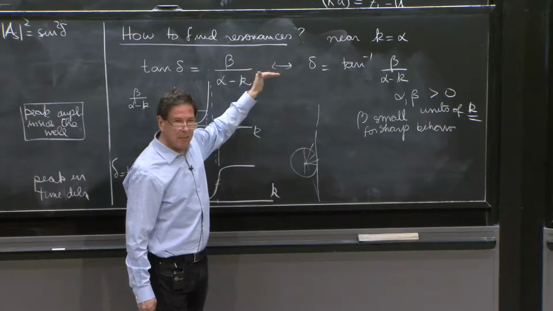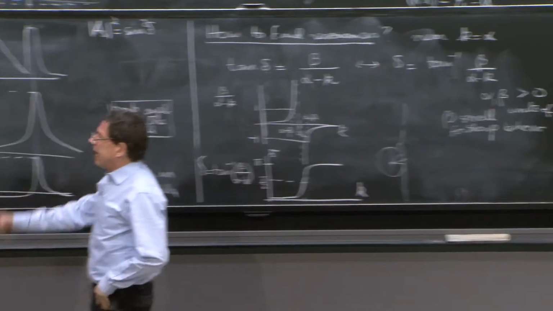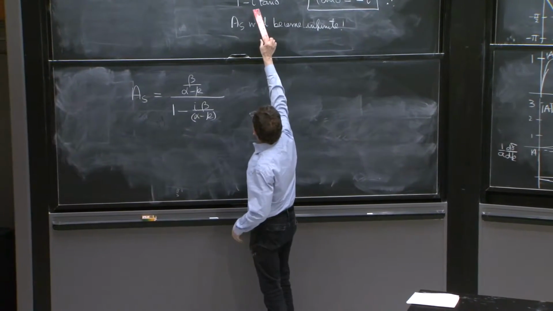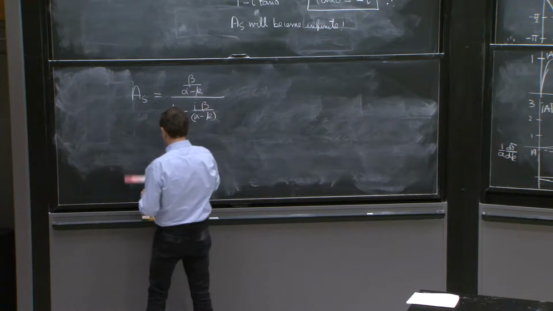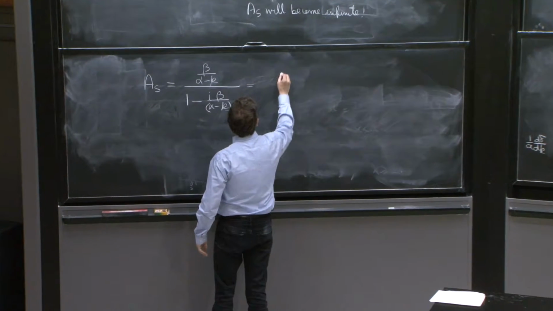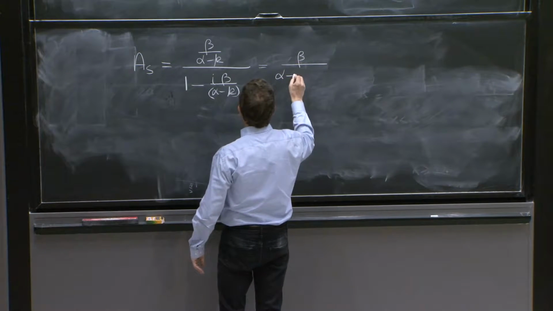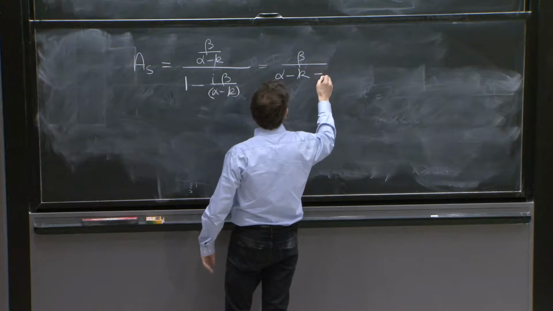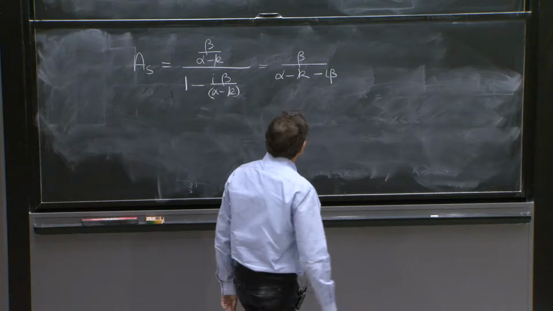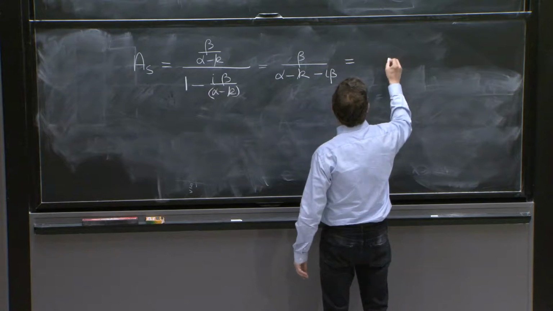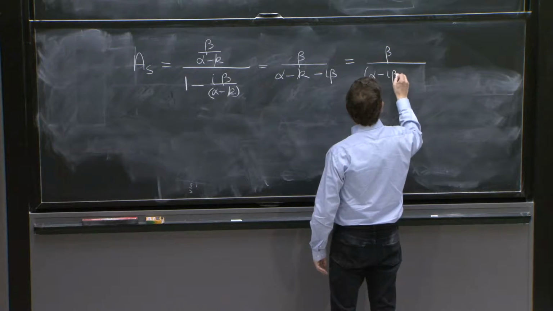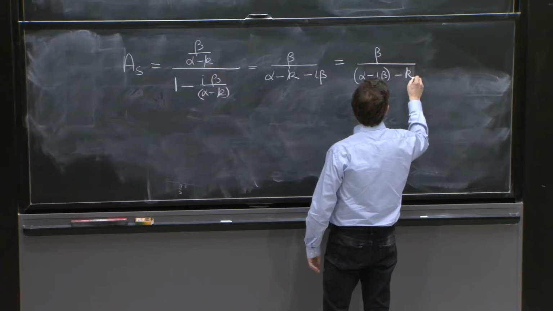Nobody complained about this formula. That's legal math so far. Let's simplify it a little bit. This is beta over alpha minus k minus i beta. So this is still beta over alpha minus i beta minus k.